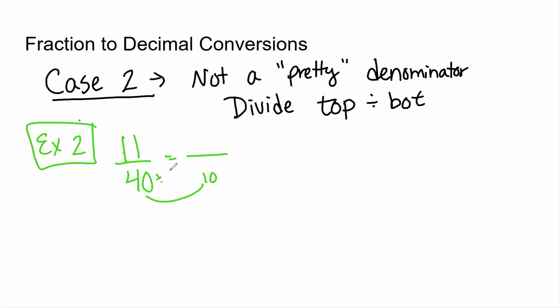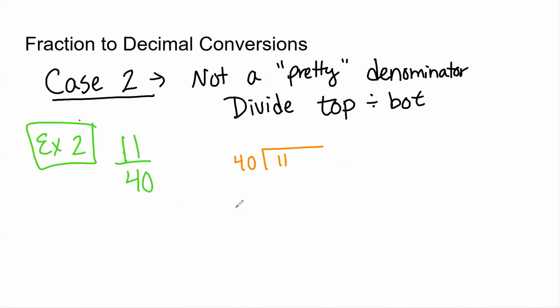Well, you could divide by 4, but if you divided 11 by 4, that's not pretty. You could try to get it to 100, but 40 times what is 100? No, this just doesn't work. So we got to do the second method where we divide the top by the bottom, long division.